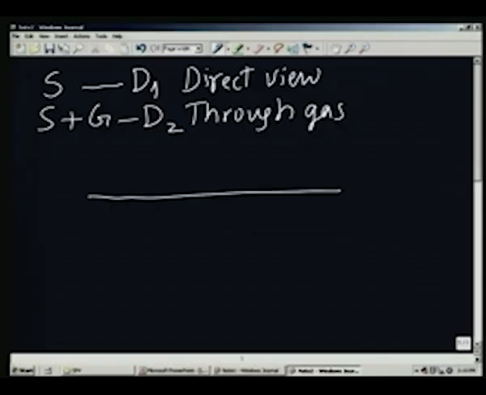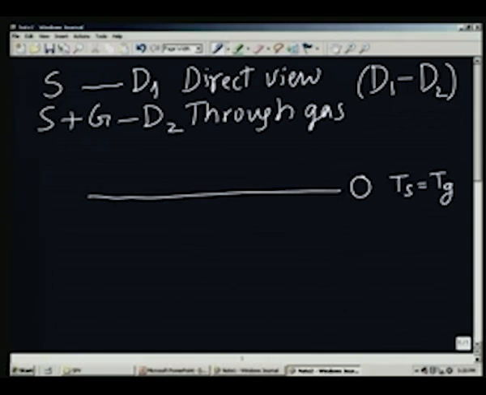If I look at D1 minus D2, the difference between the two signals, which is direct viewing of the source and the second one through the gas, D1 minus D2 will be 0 if Ts is equal to Tg.